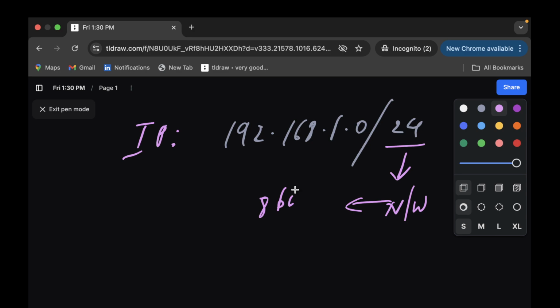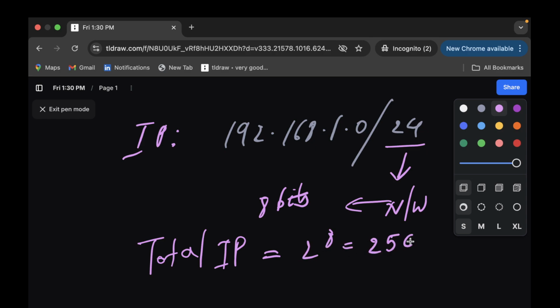So the total IPs possible is 2 power 8, which is 256. So I can have 256 IP addresses.